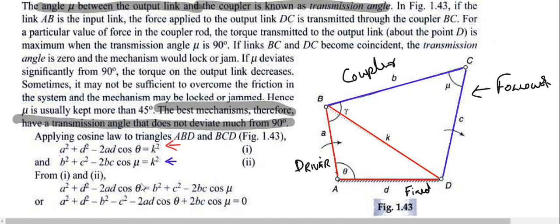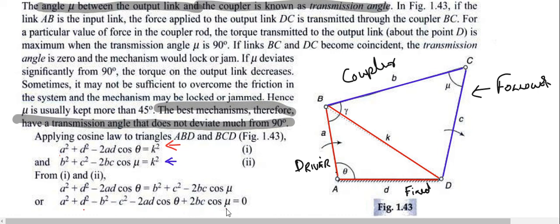From 1 and 2 we can equate them and find a square plus d square minus 2ad cos theta is equal to b square plus c square minus 2bc cos mu, or a square plus d square minus b square minus c square is equal to 2ad cos theta minus 2bc cos mu.